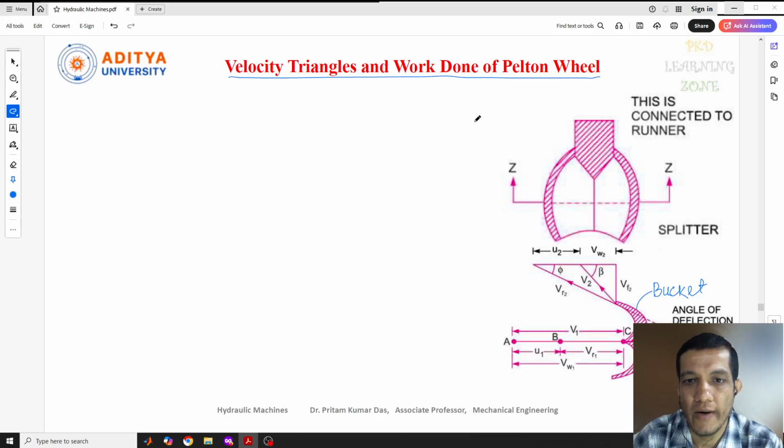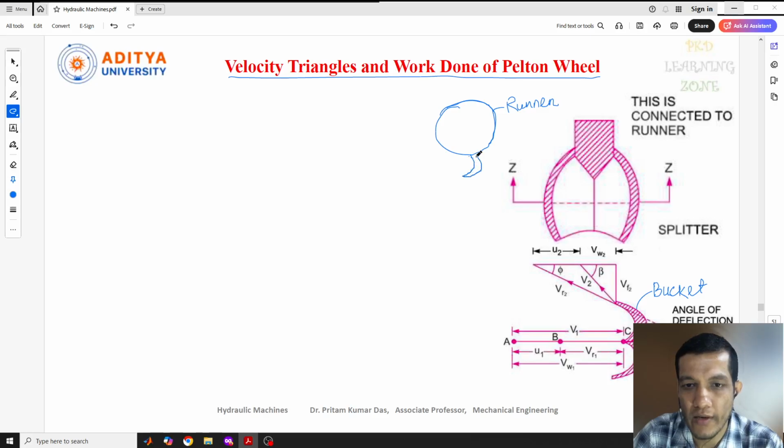First, let's understand where this bucket is fixed. If you have seen our last lecture, this is the runner, which is part of the turbine, and all these buckets are fixed on the runner.